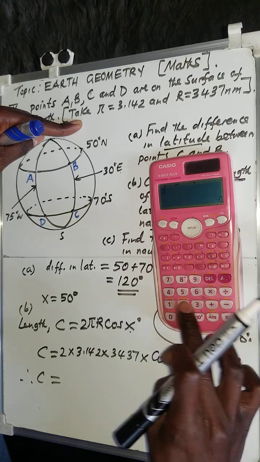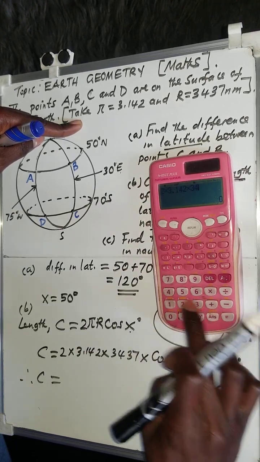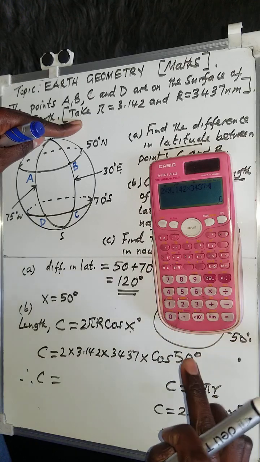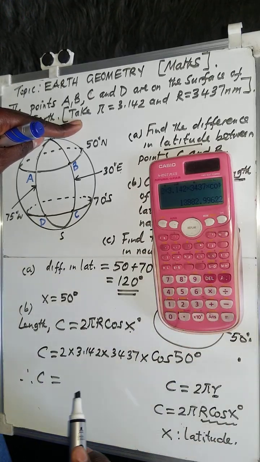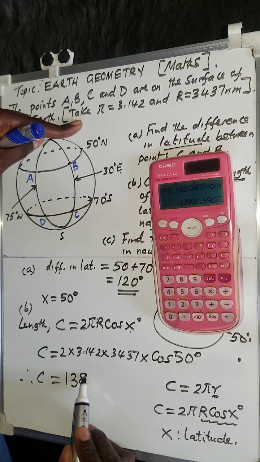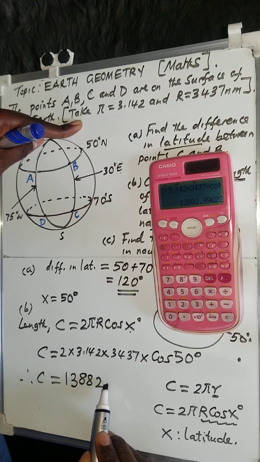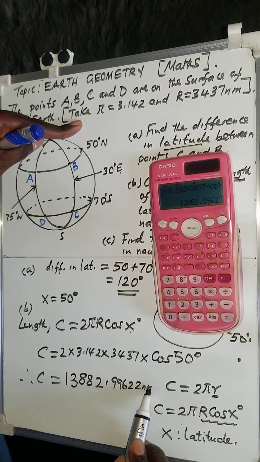It is going to be 2 multiplied by 3.142 multiplied by 3437 multiplied by cos 50 degrees. So what will that give me? It is giving me 13,882.99622. That is in nautical miles.